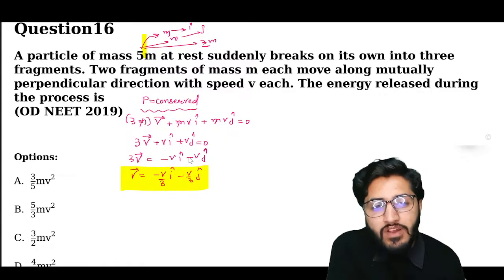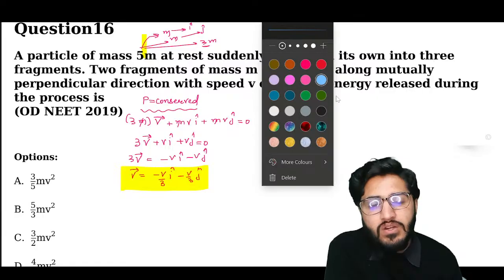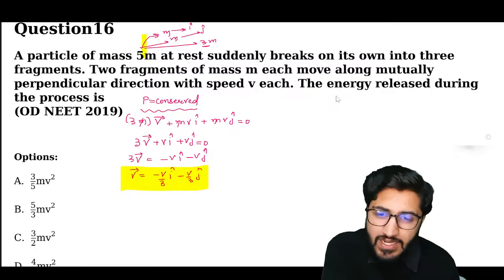But I don't need to get the velocity now, I have to find the energy. So I can write the energy released.